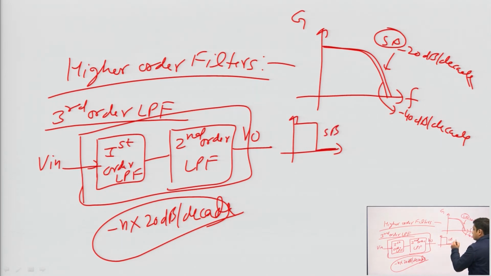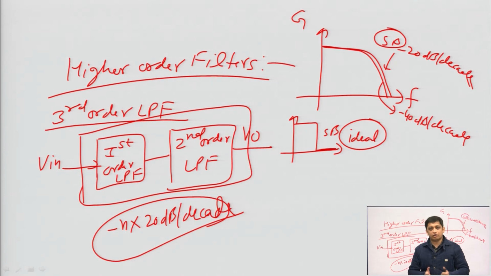In the ideal stop band response, there is no gain, the signal is completely attenuated in the stop band, right. And you can see that as the order of the filter increases, your actual stop band response is moving towards the ideal stop band response. That is the advantage of the higher order filter, but at the same time we need extra components, we need more components.